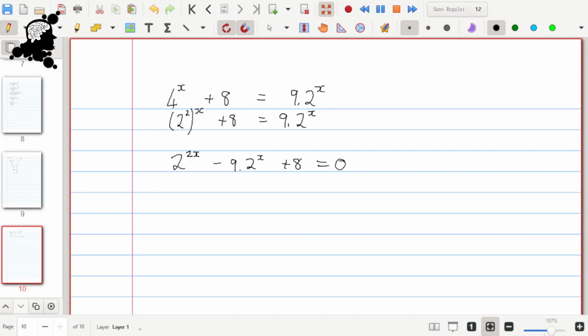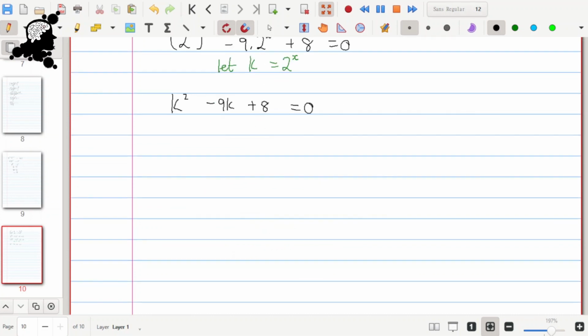Now at this point, I'm going to rewrite 2 to the power 2x as 2 to the power x, squared, minus 9 times 2 to the power x plus 8 is equal to 0. Once again, I can use some substitution. Let me assign a variable k equal to 2 to the power x. This is going to give us k squared minus 9k plus 8 is equal to 0.